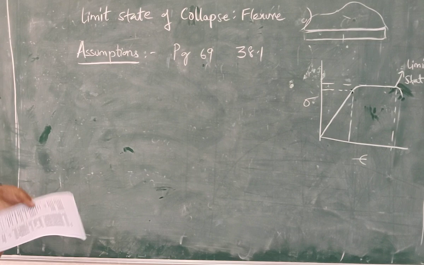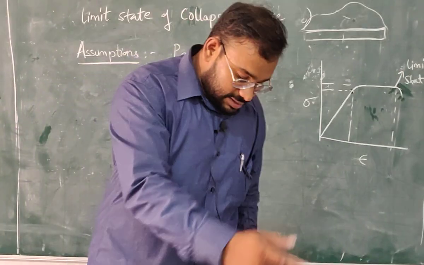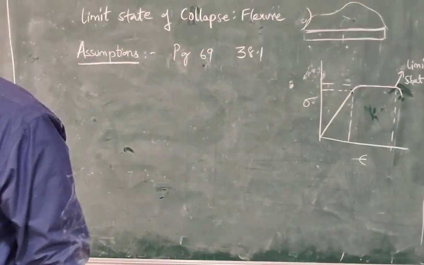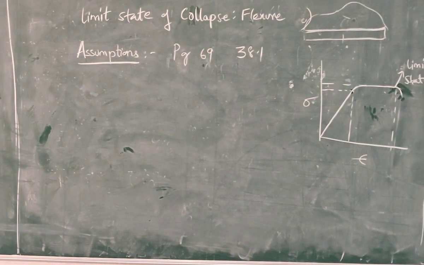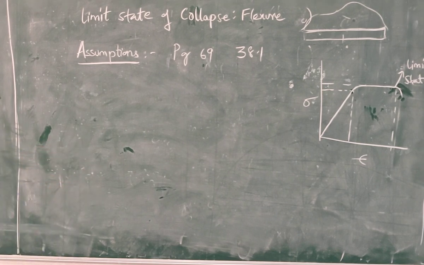So I won't write on the board, I'll explain what the assumptions are. The first assumption is, plane sections normal to the axis remain plane after bending.